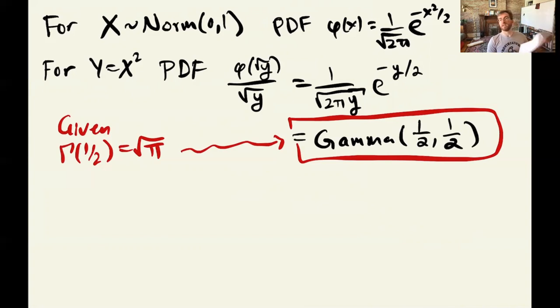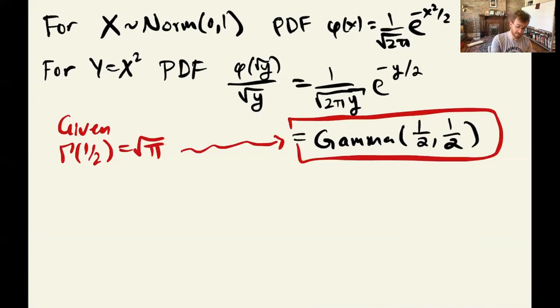So that just shows you that even though this gamma distribution might seem like, where did it come from? It actually comes from a lot of distributions, just by plugging in different values. They're all part of the same family.